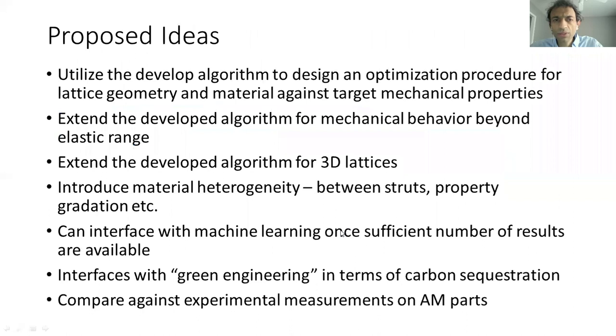So in this particular sub-project, the ideas that I am thinking of are extending this algorithm to develop an optimization procedure to connect the lattice geometry to target mechanical properties. Right now, what we have done is for a plane stress condition in the elastic range.